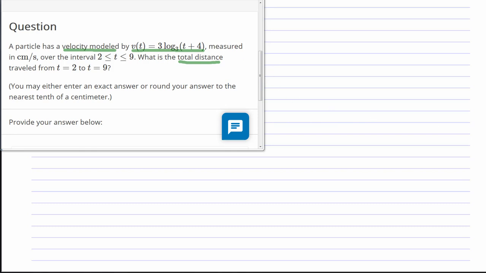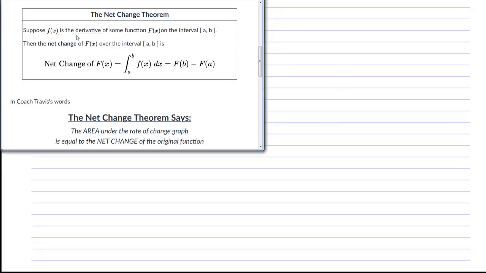So how do we do problems like this? This is a job for what we call the net change theorem. It says that if you know the derivative of some function, so little f is the derivative of big F, then the net change of big F over some interval is the integral of that derivative function.